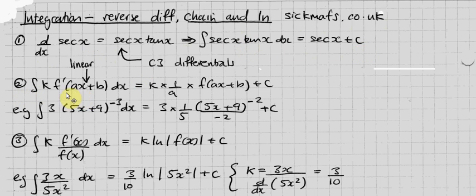This is important. You've got reverse chain rule about to happen here. How does it work? Well, if you've got a constant times a function which has got a linear function inside it, then you could do reverse chain rule. It can work for harder ones, but they don't really turn up in the exam, so why teach you something harder than you need to learn? So you've got k times a function and a linear inside function.